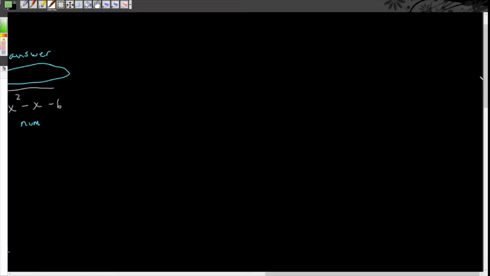6x squared minus 19x plus 12, divide by 3x minus 5. Notice this is different now too. Earlier this was just x, but that's fine. It still works the same way as well.